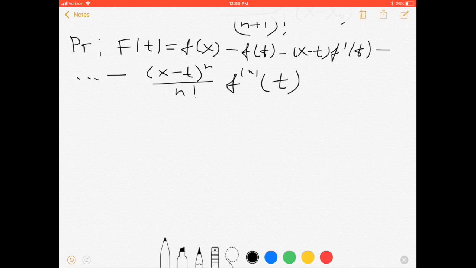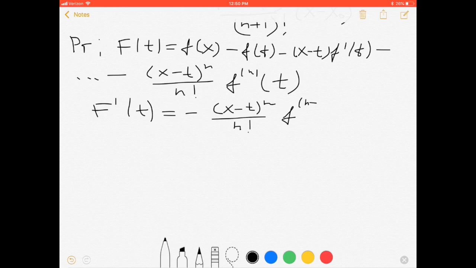This function depends on t. You can calculate the derivative of this big function with respect to t, and if you do, it will be minus (x minus t) to the power n over n factorial multiplied by the (n+1)th derivative at point t.